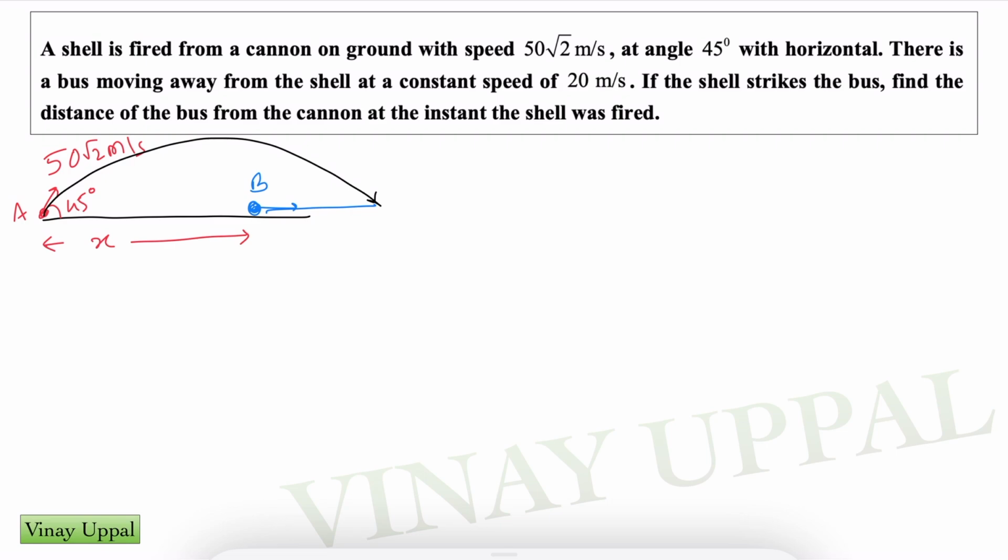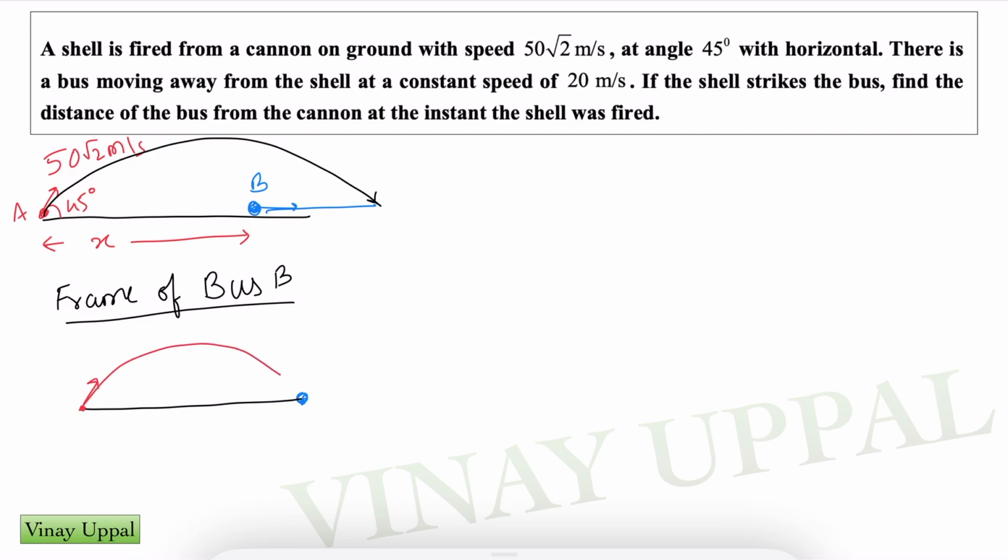So let's first go in the frame of the bus. In the frame of the bus, the bus becomes stationary and the shell will perform projectile motion and hit the bus. So basically x becomes the range.